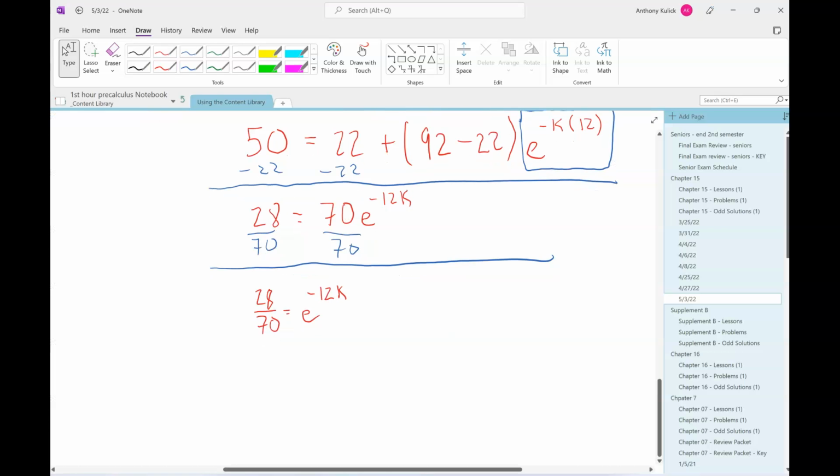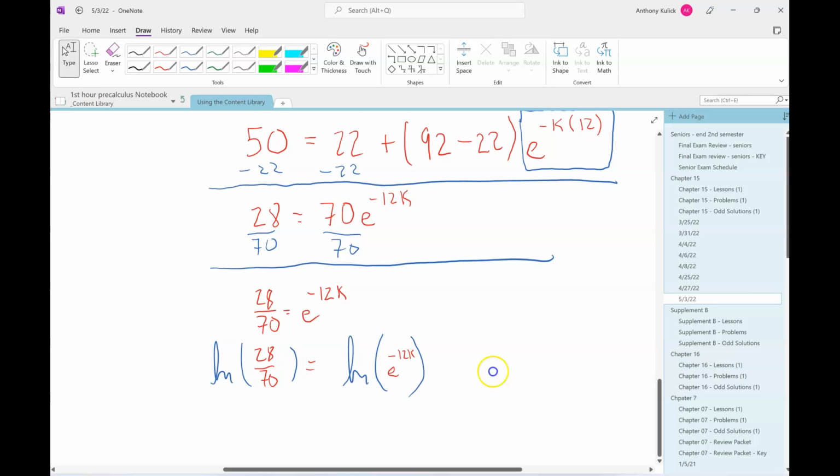Now, log base e has a special symbol. Do you remember the symbol we use for log base e? That's the ln, is log base e. But if you wrote log base e on your calculator, it would be okay. Like that's fine.